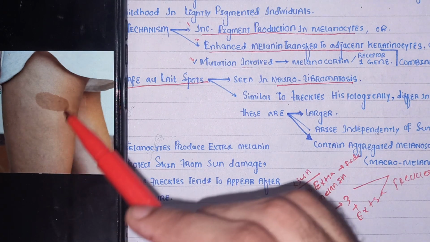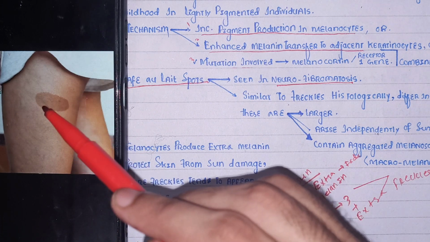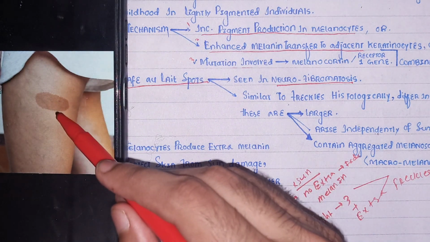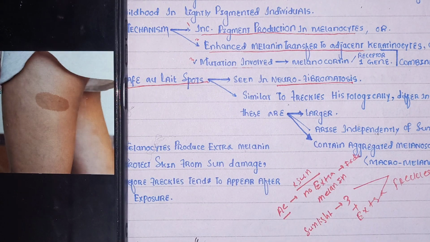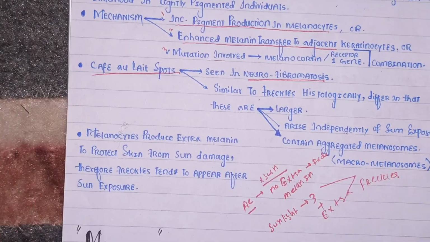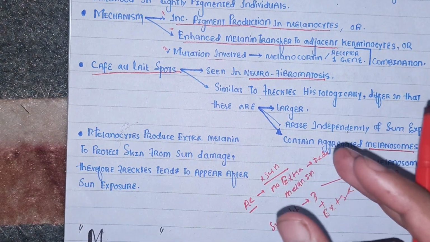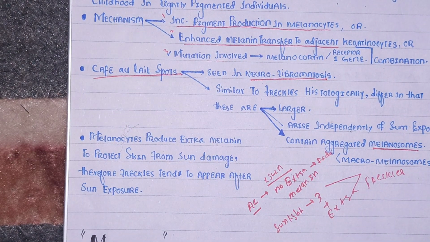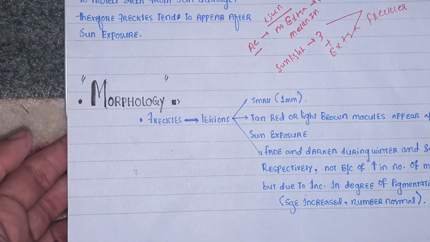They appear independently without any exposure to sunlight. And by the way, when you look at the histology of this lesion, you will see the epidermis having melanocytes filled with lots of melanin in the form of melanosomes, that are melanin bodies. Okay, yeah. Now let's have a look at the morphology of freckles.